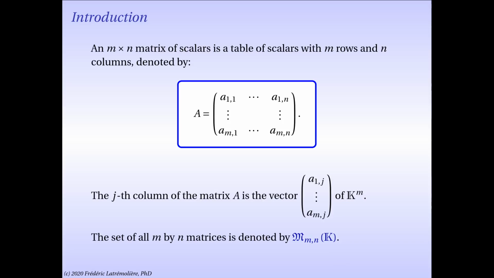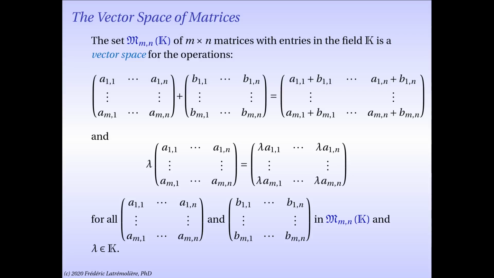We use a standard notation for the set of m by n matrices with entries in the field K. The set of m by n matrices with entries in a field K is technically the space of functions to K from the product of the set of integers from 1 to m by the set of integers from 1 to n.